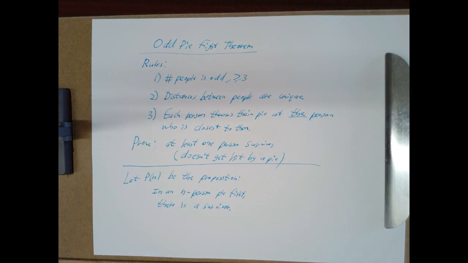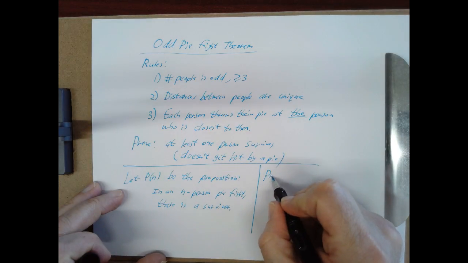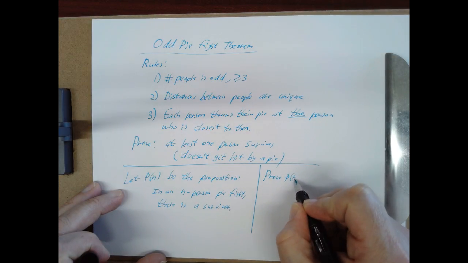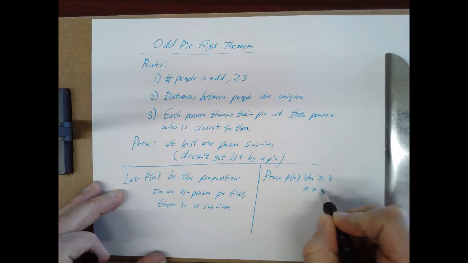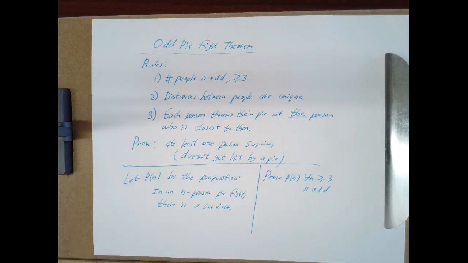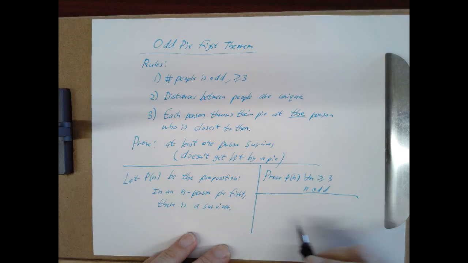This is just a proposition, so we're not saying this is always true. But what we'd like to do is prove P of n for all n bigger than or equal to 3, where n is odd. So now we've got an odd pie fight. And we're going to do a slightly different version of mathematical induction.